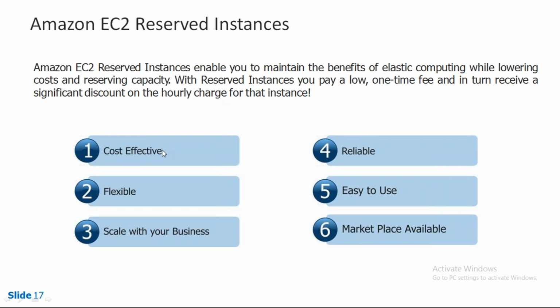So these are the benefits we have with a reserved instance. It's cost effective, it's flexible, and it scales with your business. Always it is about pay as you go. Cost effective is nothing but the pay-as-you-go model.